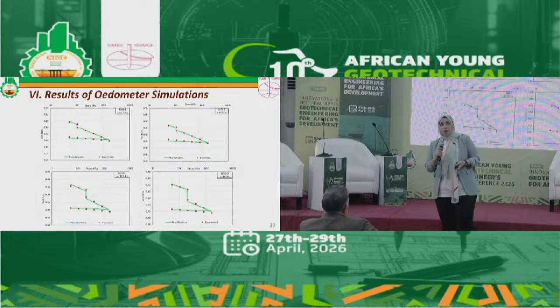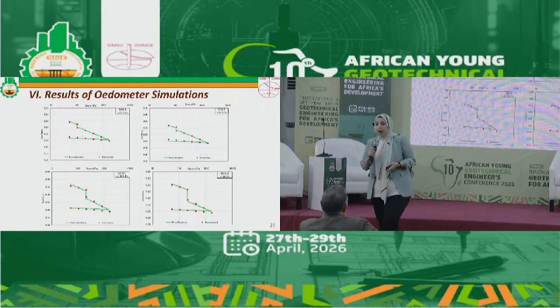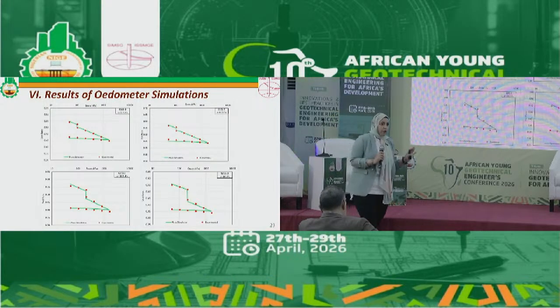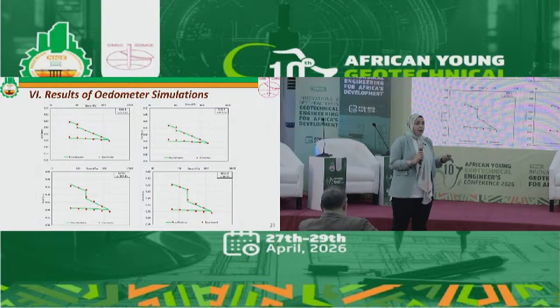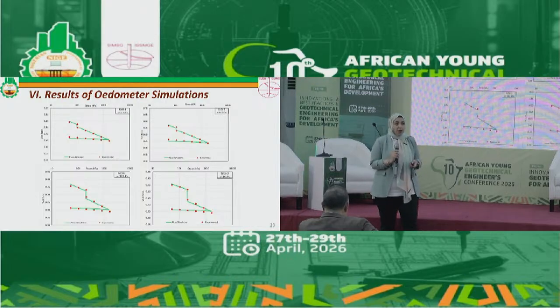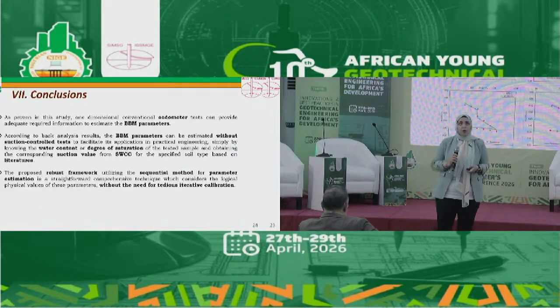So I also took 4 other random tests that were not included in my calibration methodology. I didn't use them in my parameter selection or anything. They were just random tests. I implemented them and did numerical simulation. And the results, as you can see, are relatively equal.